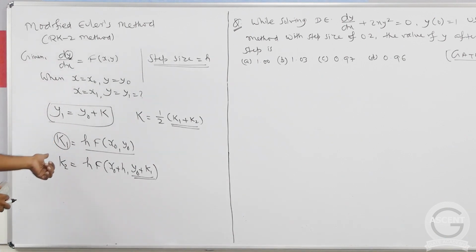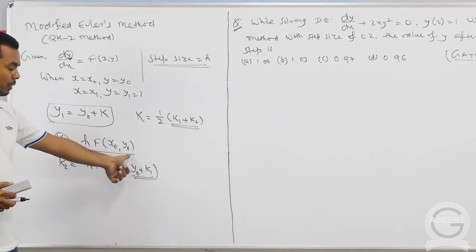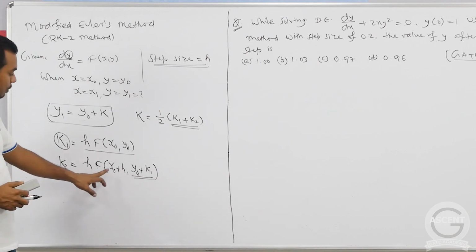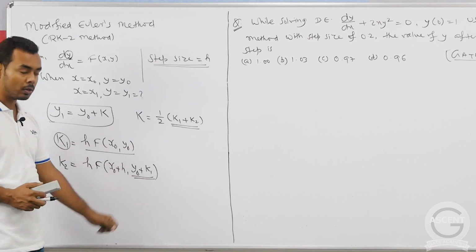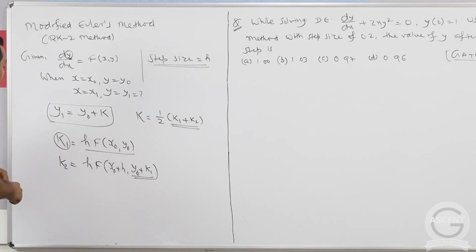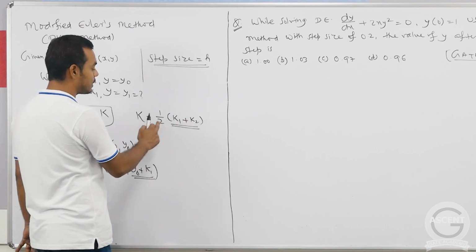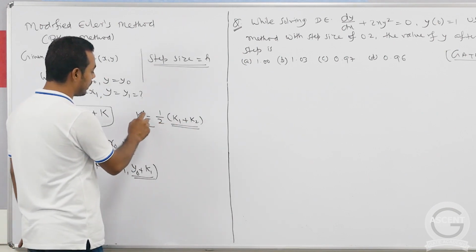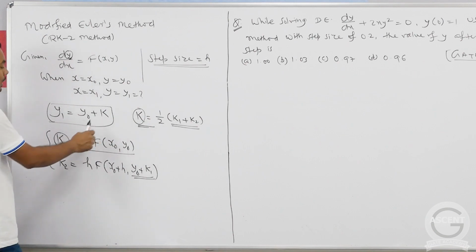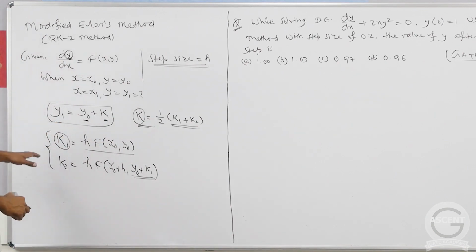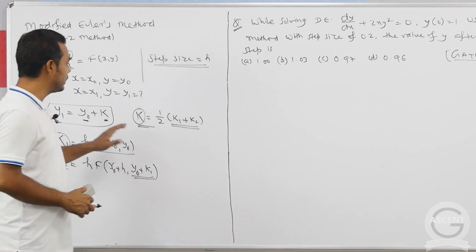So first we calculate k1, then k2, then take the arithmetic mean of these two, that is k1 plus k2 by 2. Once you have calculated this k, y1 will be nothing but y naught plus k.